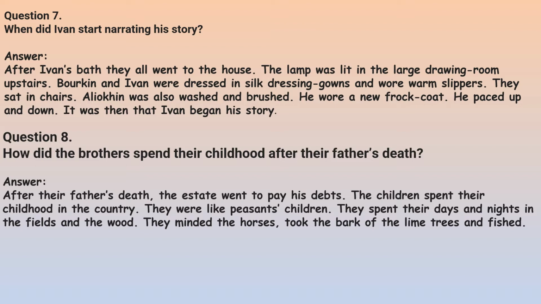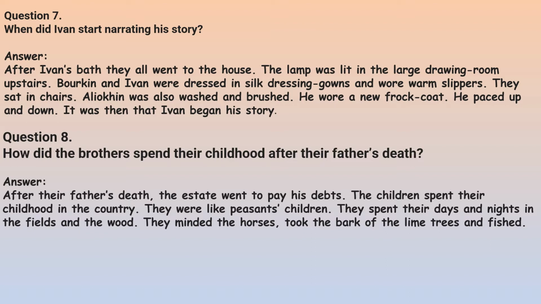When did Ivan start narrating his story? Let us see the occasion or the time. After Ivan's bath, they all went to the house. The lamp was lit in the large drawing room upstairs. Burkin and Ivan were dressed in silk dressing gowns and wore warm slippers.